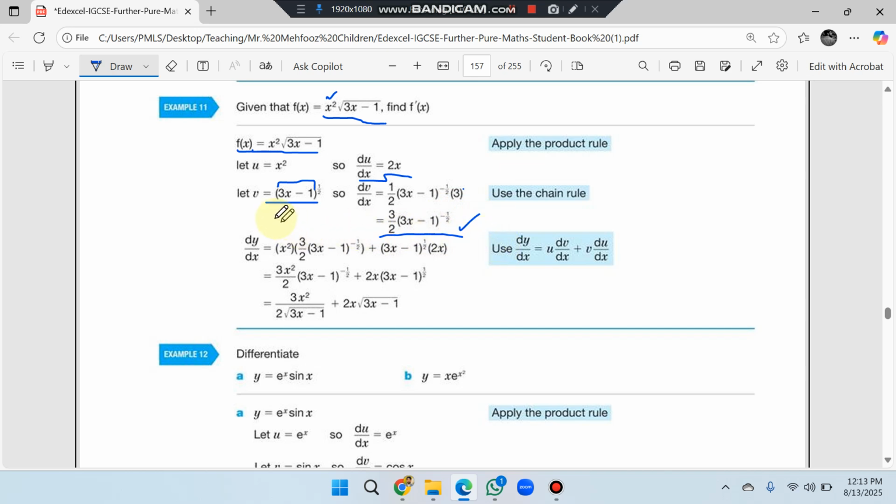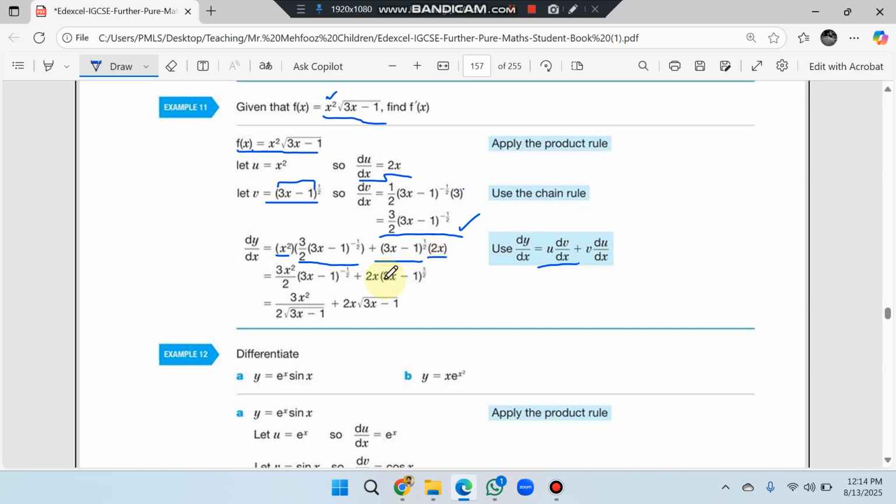Yes. Okay. After that, the derivative dy by dx is basically equal to u times dv by dx plus v times du by dx. So u is x square, and dv by dx is 3 over 2 into 3x minus 1 raised to the power minus 1 over 2, plus v is 3x minus 1 raised to the power 1 over 2, and du by dx is 2x, right?